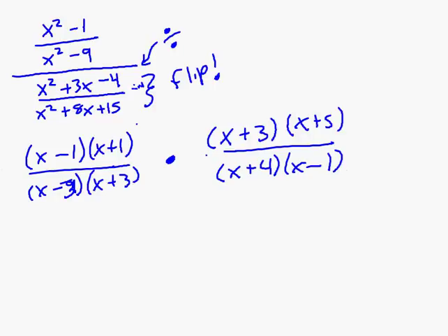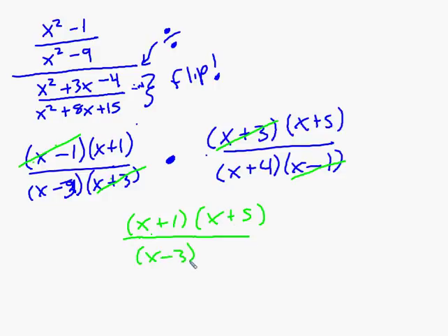Okay, and then we'll go ahead and cross cancel. So the x minus 1 should cancel. The x plus 3's cancel. That's it. So what's our answer? x plus 1 times x plus 5 over x minus 3 times x plus 4.